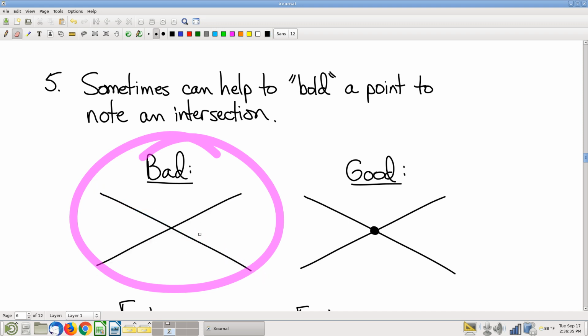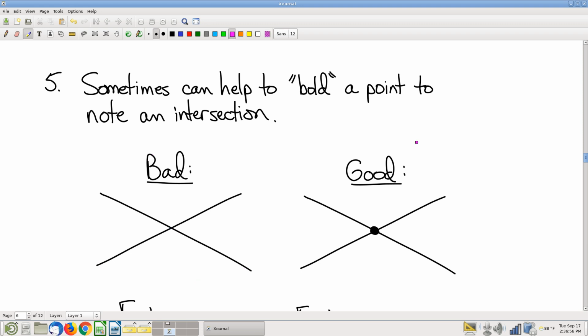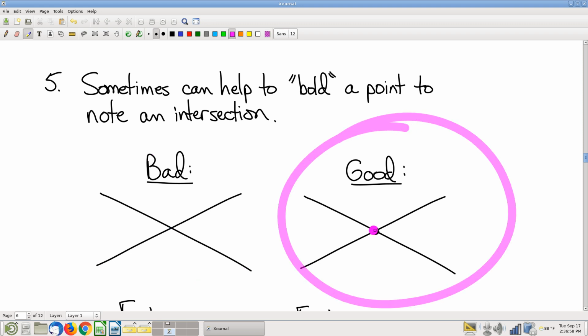Or maybe this line is in the front and this line is sort of in the back underneath it. Based on what I've drawn here, you can't really tell. And I suppose a third possibility is that maybe they're actually intersecting at that point. Well, you can remove this ambiguity if you just put down a dot there.